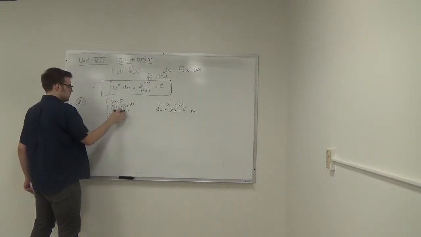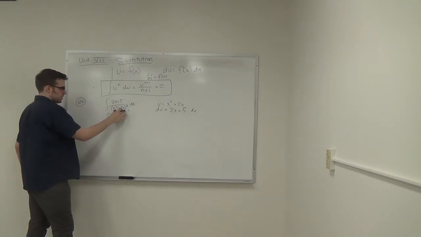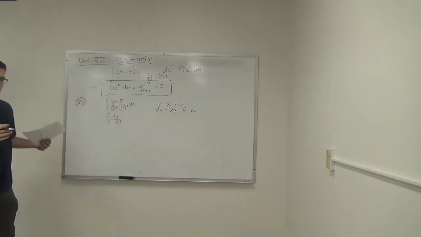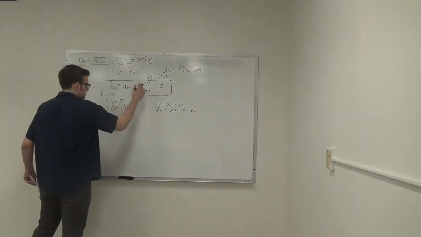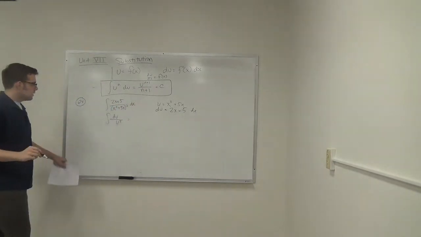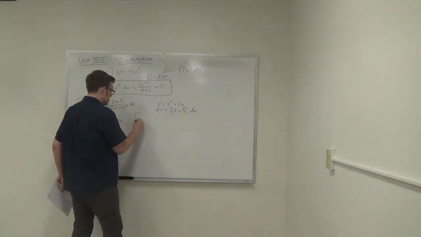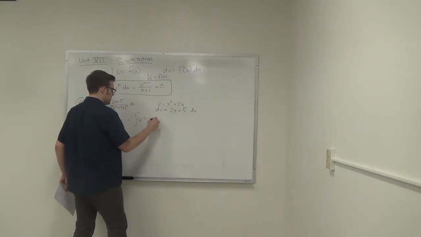over x squared plus 5x, which is u squared. Once again, another easy integral that we can just use this equation for. So we can just rewrite this as u to the minus 2 du.